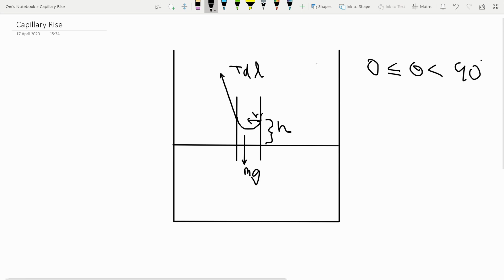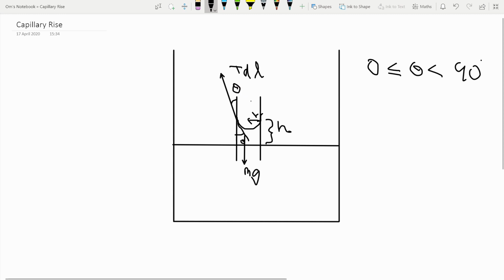What we consider next is the contact angle. We can see that the tangent to the liquid surface is somewhere along this. If I extend a line over here, this will be theta, and thus this angle over here will be theta as well.